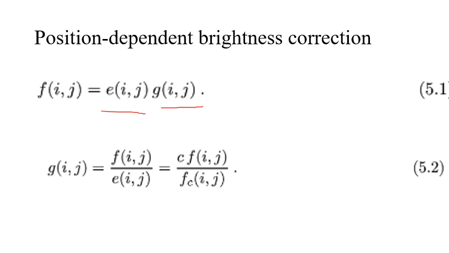This coefficient E of i,j is obtained from the reference image G of i,j itself, but with a known brightness captured.